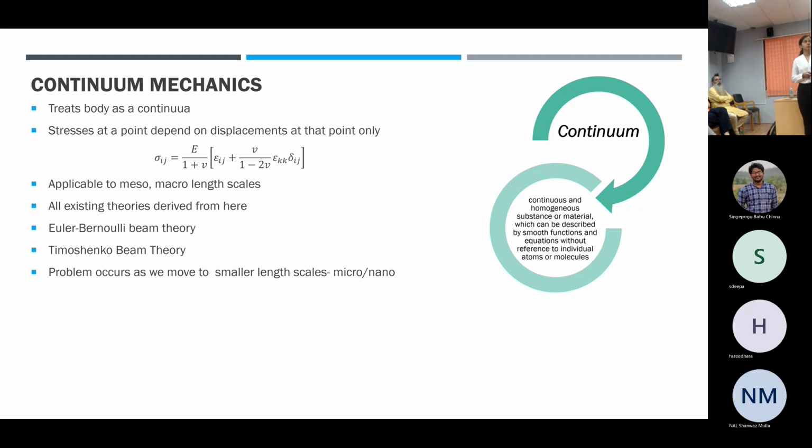And this theory is applicable mainly to meso and macro length scales. Of course, we use it for other applications as well, but there more parameters start to affect the behavior of the material, which are not accounted for by these theories. As we all know, all existing theories are derived from this particular approach, be it Euler-Bernoulli beam theory or Timoshenko beam theory.